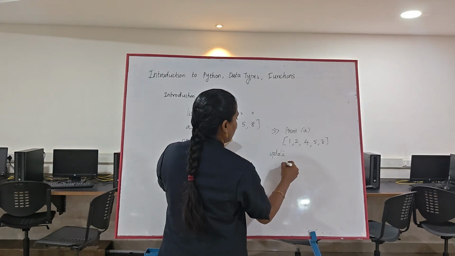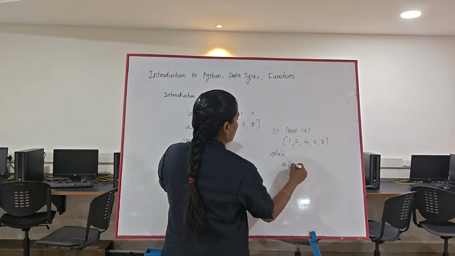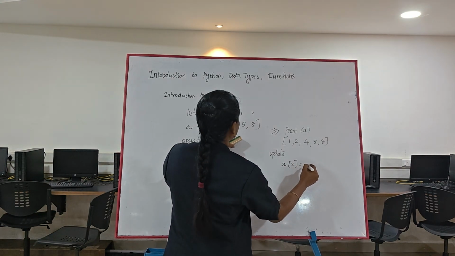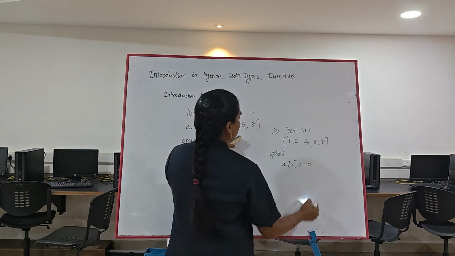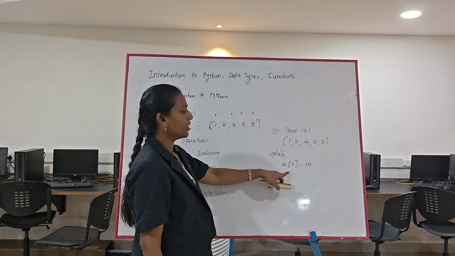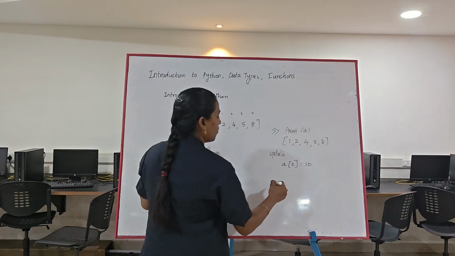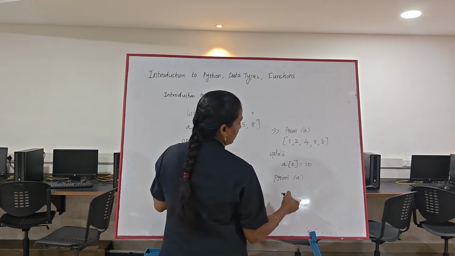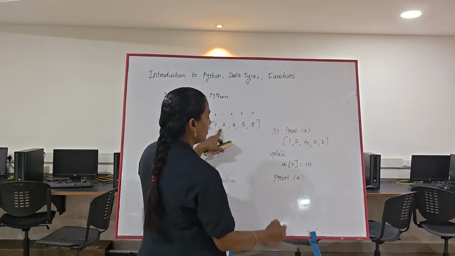So A of 2 is equal to 10. Already at A of 2, 4 is there. I want to update this value. A of 2 is equal to 10. Now I give print of A. What will happen?